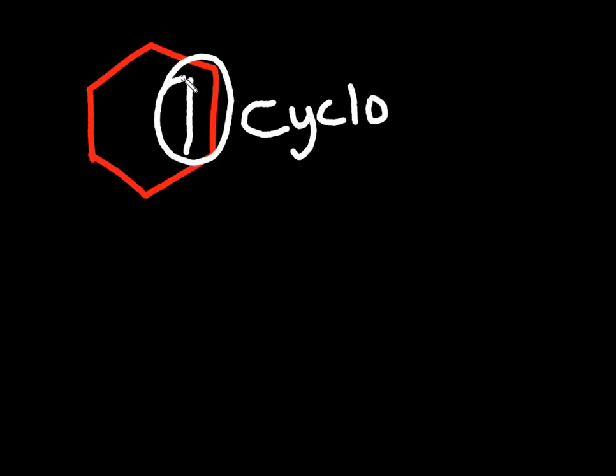What would be the name of this compound? It'd be about the same thing. Cyclo, except we have this double bond here, and we know that's an alkene, so it'll be cyclohexene. Okay.